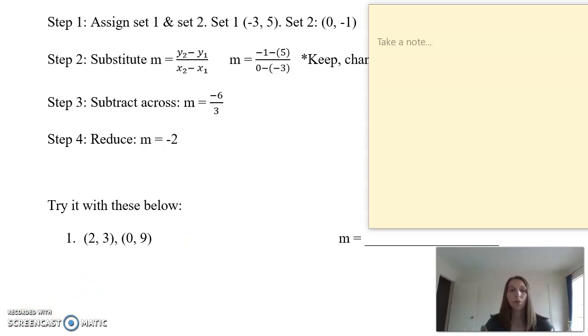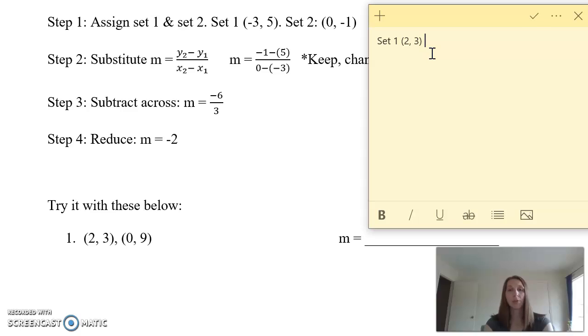Okay, we're going to work through number 1 here, keeping the steps up here on the side so we know our next step. So here we have our first problem, (2, 3) and (0, 9). So our first step is to assign set 1 and set 2. Set 1 will be 2, 3.